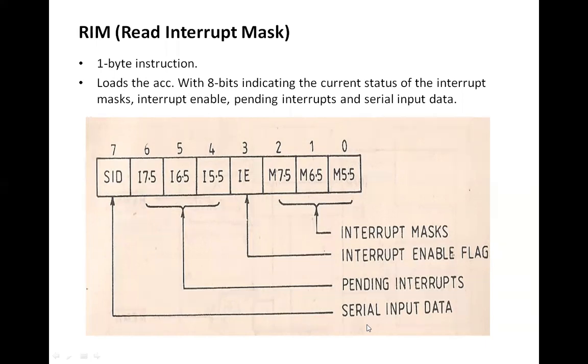Once the service subroutine has been executed, it has to return to the main program. But before returning to the main program, it will check whether there is any other device that has interrupted through the INTR line. If so, before returning to the main program, it will first entertain the interrupt, and by entertaining the interrupt, that device will be asserting an RST instruction.